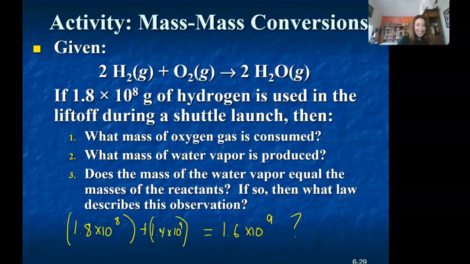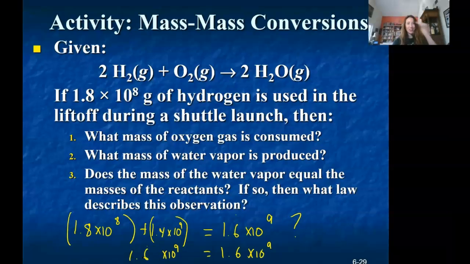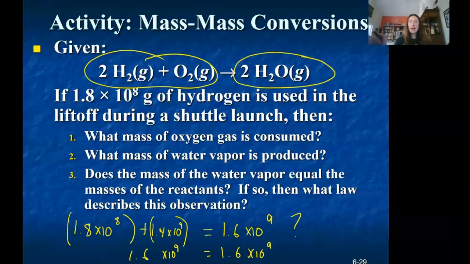I got 1.58 times 10 to the 9th. And this is 1.6 times 10 to the 9th. Well, we'll just go back to our two sig figs. Look, they do equal each other, right? So the mass of our reactants equals the mass of our products.